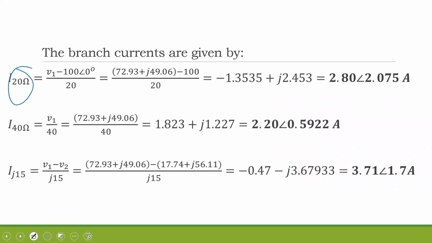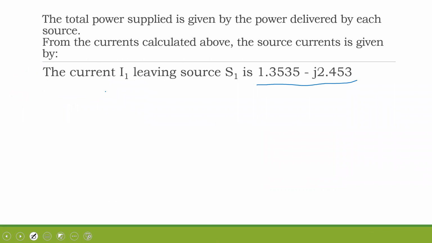The current through the 20 is V1 minus 100 over 20. But we are looking at the current leaving the source, so it will obviously be going in the opposite direction. Understood, sir. So that's why it is the negative of the I-20 current.